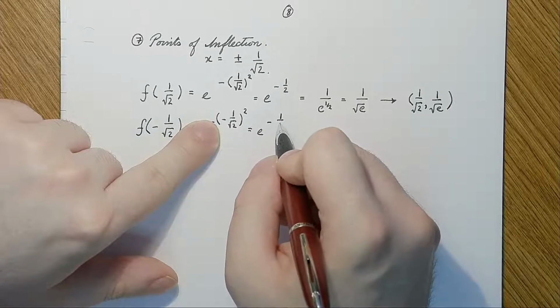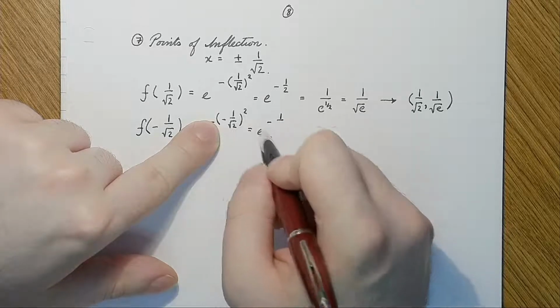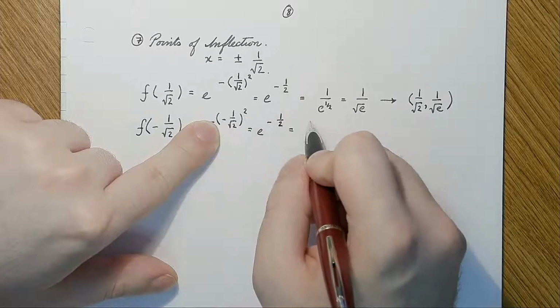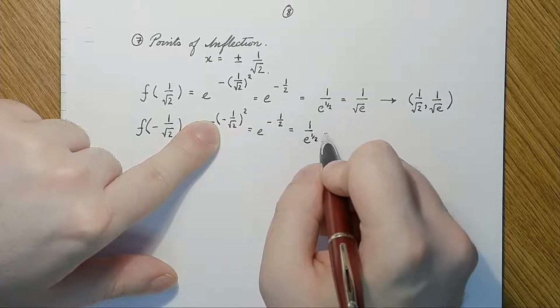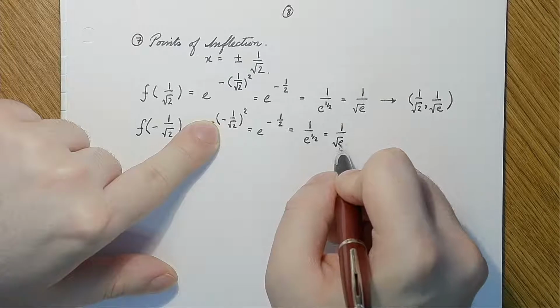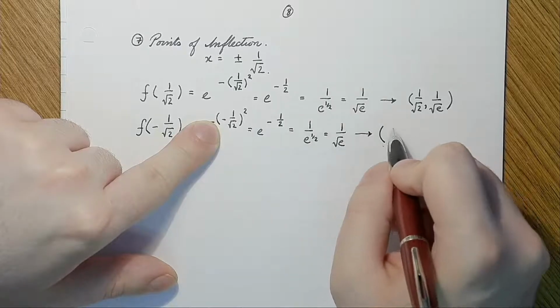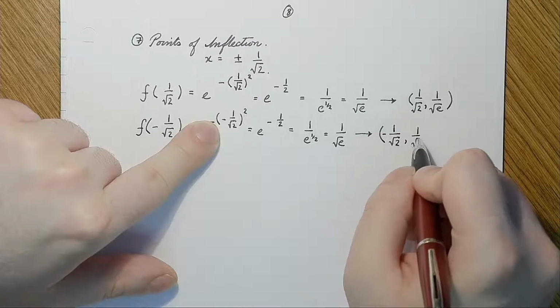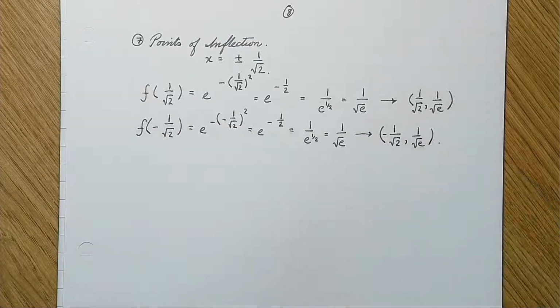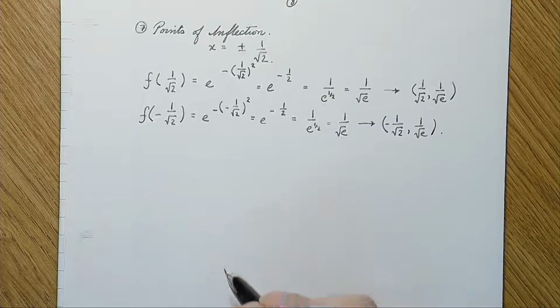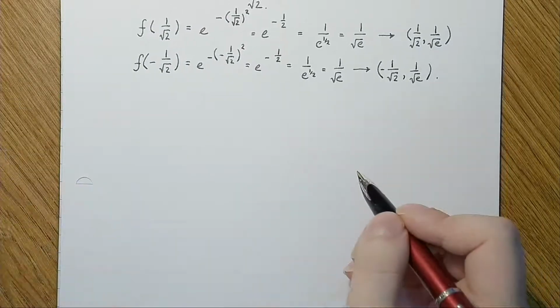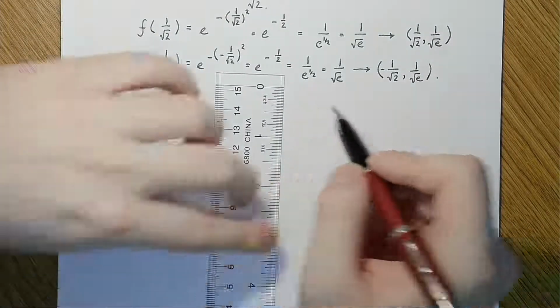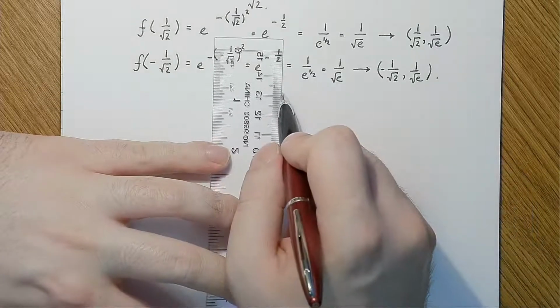So again, I just have 1 over root 2 squared, so that's still 2. So it's 1 over e to the half, still 1 over root e. So there. Now we can do our little sketch. Our sketch looks something like this.